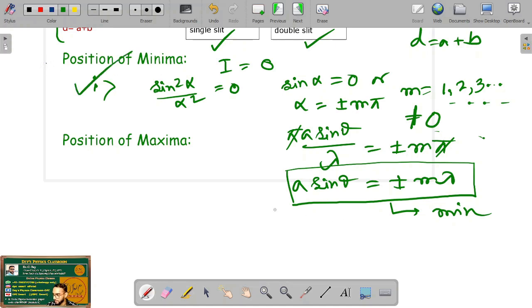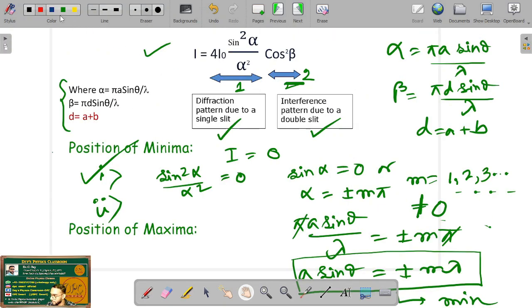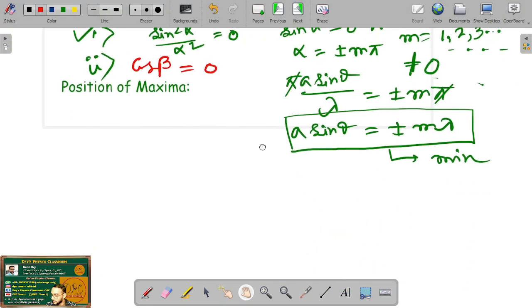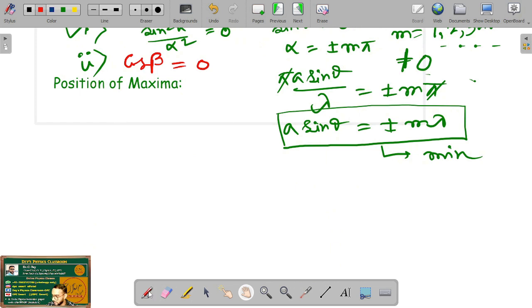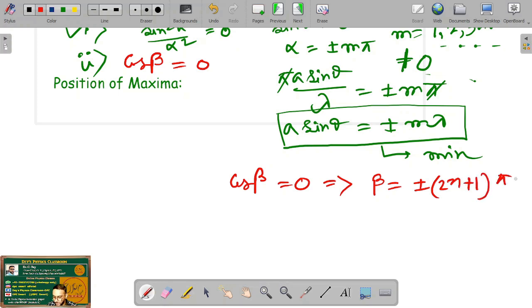Next we have to find the second condition. I would also be 0 when cos beta becomes 0. So the second condition is cos beta equals 0. What is the value of beta when cos beta is 0? That means beta equals plus minus an odd integer, 2n plus 1, into pi by 2.